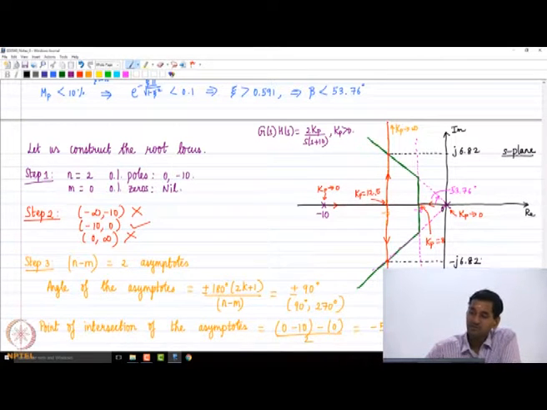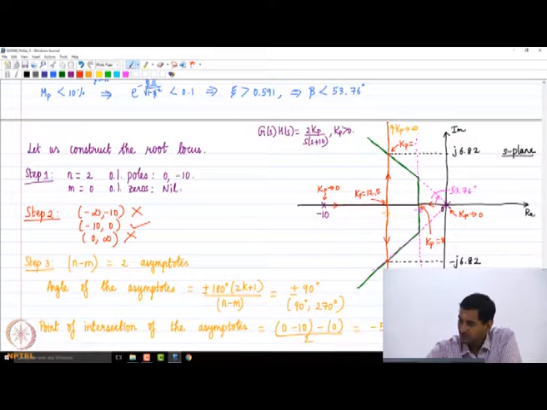Now how do you find the value of Kp at that point? Once again we substitute the corresponding value of s in the closed loop characteristic equation. See, what is the value of s here? Minus 5 plus 6.82j. Please plug it into the closed loop characteristic equation.